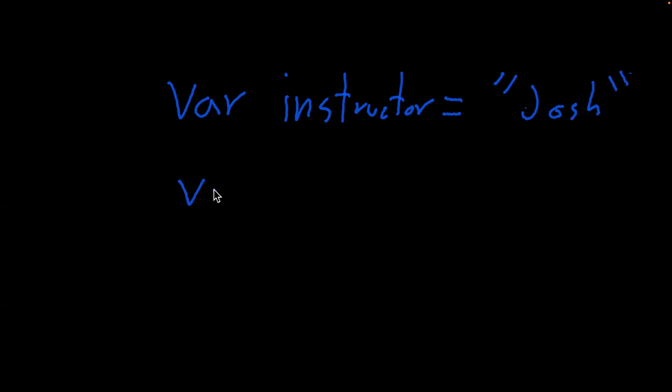If I want to write another variable, this is another variable. Well, before I ask that, let me ask this. How could I change instructor from equaling Josh to equaling CISO?